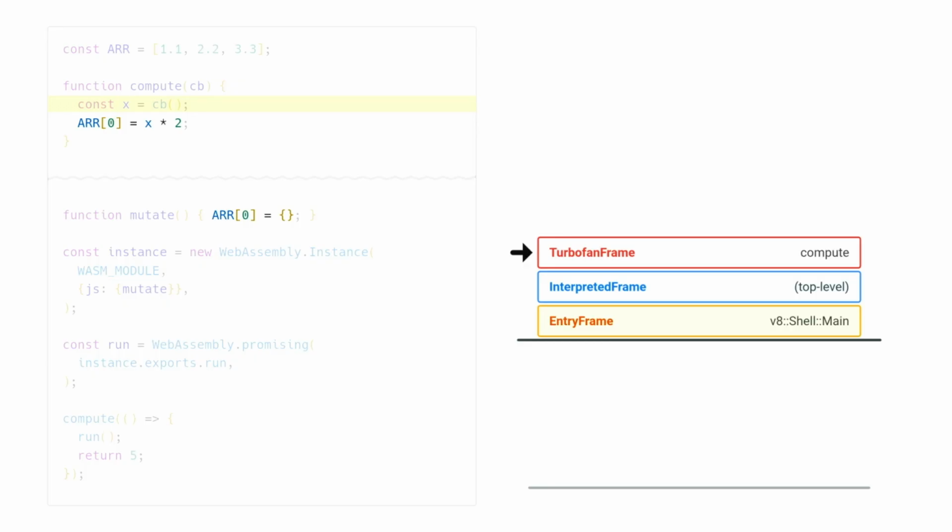What happens now is basically the same thing. We mutate our array. V8 sees that this array of just doubles now has an object in it, and it needs to make it more general. It transitions the array kind from one that only has doubles to one that can hold anything.